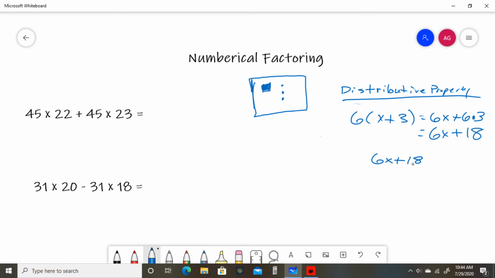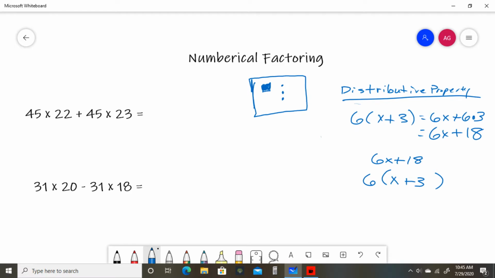A common factor of 6x and 18, a pretty standout one would be 6, right? So when you factor that out, just think, what multiplied by 6 is going to give me 6x? And that's obviously x. And then what multiplied by 6 is going to give me 18? And that's 3. Notice how this is basically the exact opposite of the distributive property that I showed earlier.